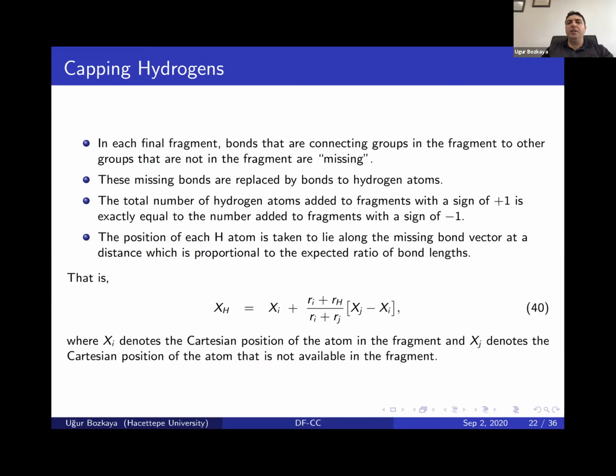The position of each hydrogen cap is taken to lie along the missing bond vector at a distance which is proportional to the expected ratio of the bond lengths that is calculated by this formula. In here, X_i denotes the Cartesian position of the atom in the fragment, and X_j denotes the Cartesian position of the atom that is not available in the fragment, and X_h is the Cartesian position of the hydrogen cap.